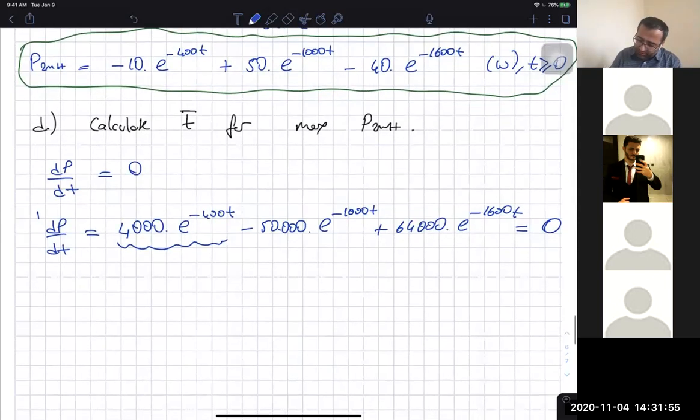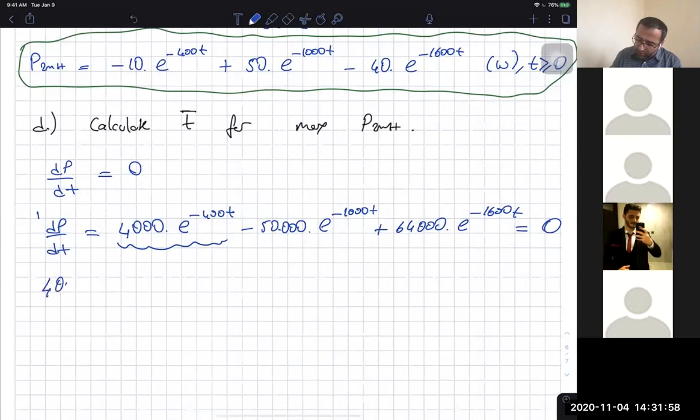So I will just say maybe 4,000 times e to the minus 400t. In parentheses, I will be having 1. So for this one, if you divide 50,000 with 4,000, you will be having 12.5, I think, right? And then if I subtract minus 400 here, so that will be just minus 600.